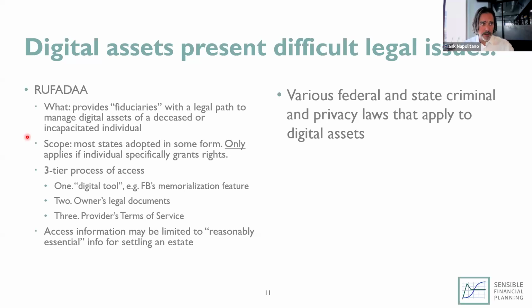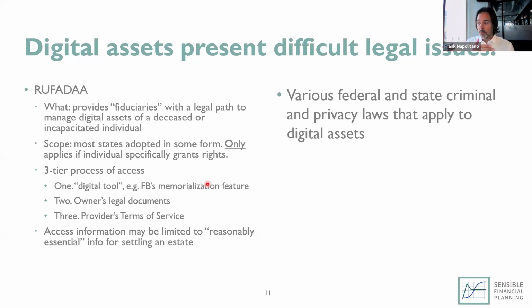A couple other things to say about the RUFADA before moving on. It creates a three-tier process of access, and many states have adopted this access tier. So the first step is to determine whether the user has subscribed to a digital tool for one of their custodians' digital assets. An example here would be Facebook. Facebook has what's known as a memorialization feature, and you can choose in advance what you want to happen with that digital asset, your social media profile, after you are gone.